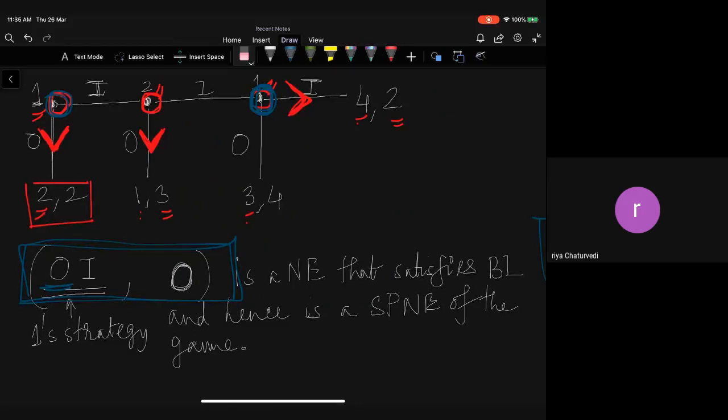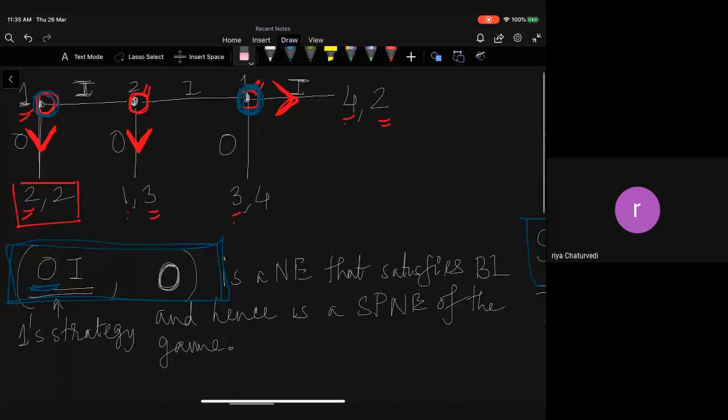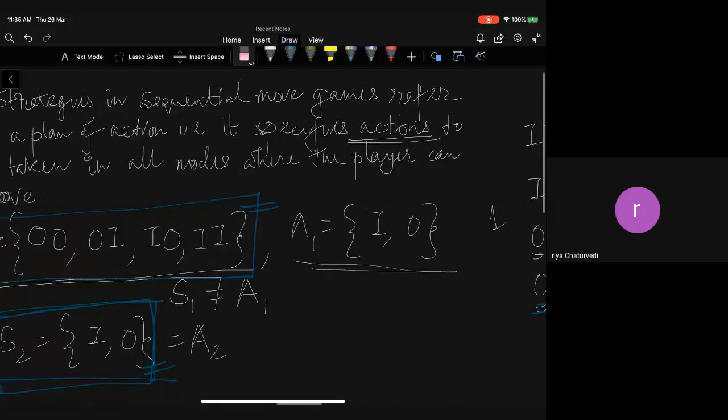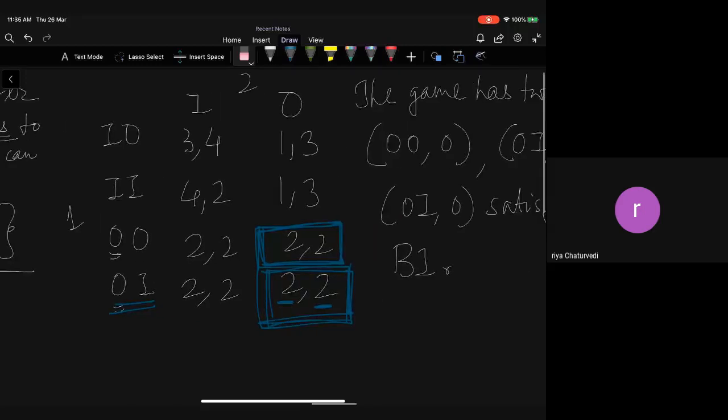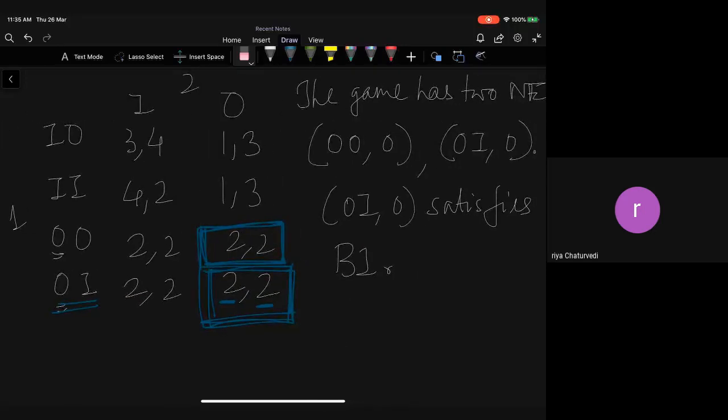Yeah. So for this game, you write down these strategies in this matrix form, right? And once you have the matrix form, you can always apply mutual best response to find out the Nash equilibrium. So suppose player 1 chooses OI. What is the best response of player 2? Player 2 is indifferent between choosing I or O, because both give payoff 2.